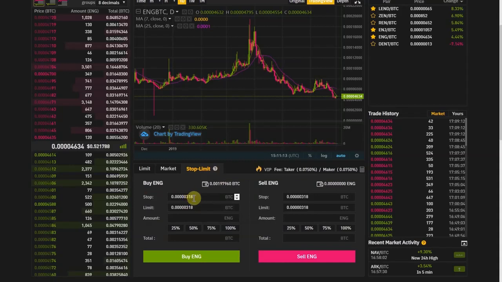Once the price reaches, say, let's pick something going down. So once the price reaches 4572, I want to buy coins.